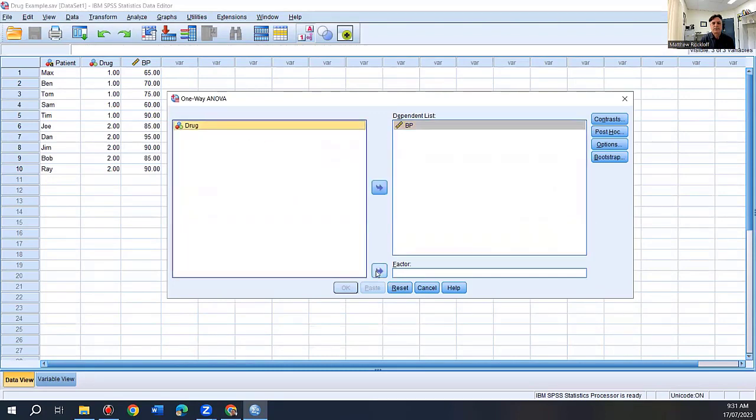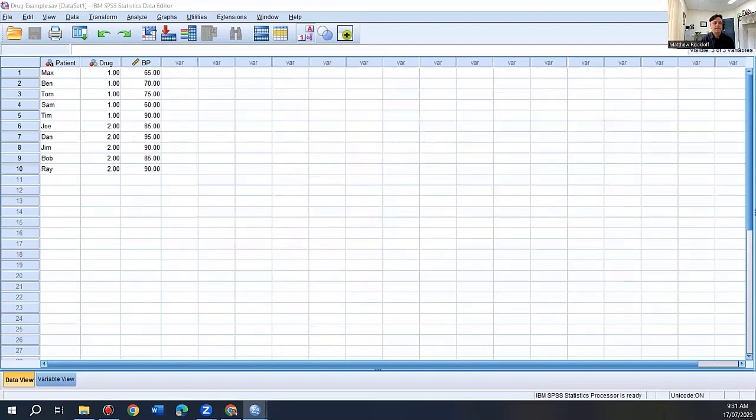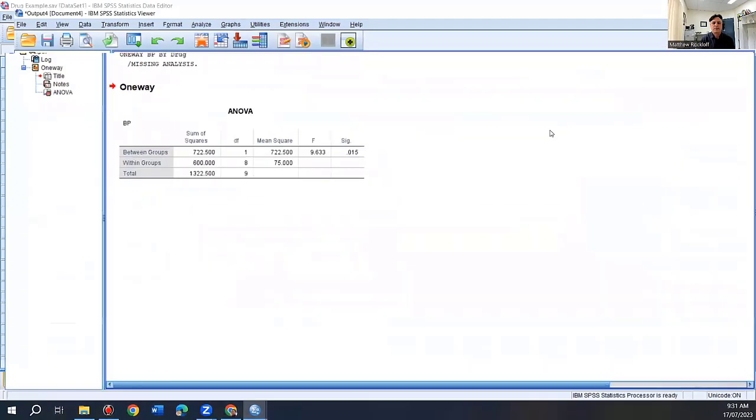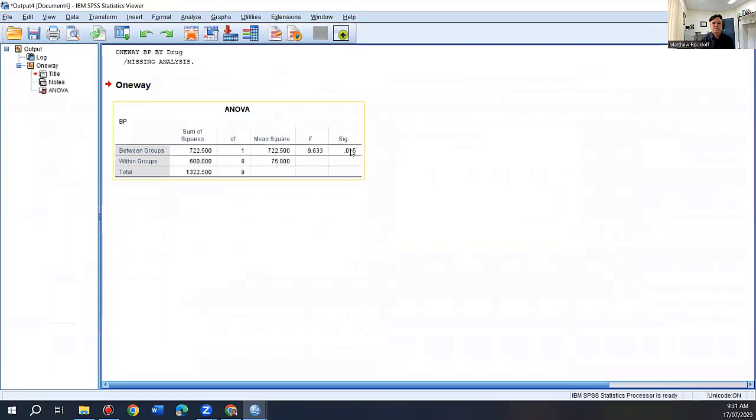And we're going to put as the independent factor, the drug. And we're going to click OK. And here's the result. And again, looking at the significant relationship between the two, the probability level is 0.015, which is exactly what we found in our prior example.